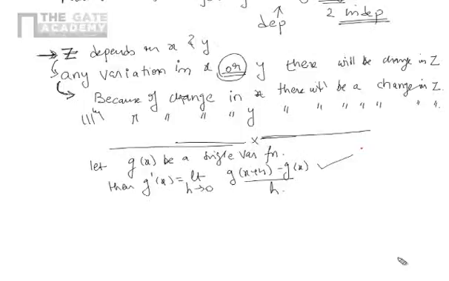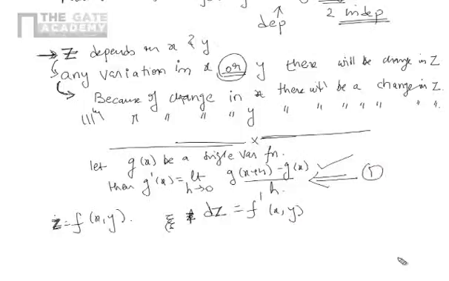We have z is equal to f of x comma y. Okay? Then what do we mean by z is a function of x and y? Then what do we mean by dz? Dz means what? I am differentiating f of x comma y. Let me call this as 1.